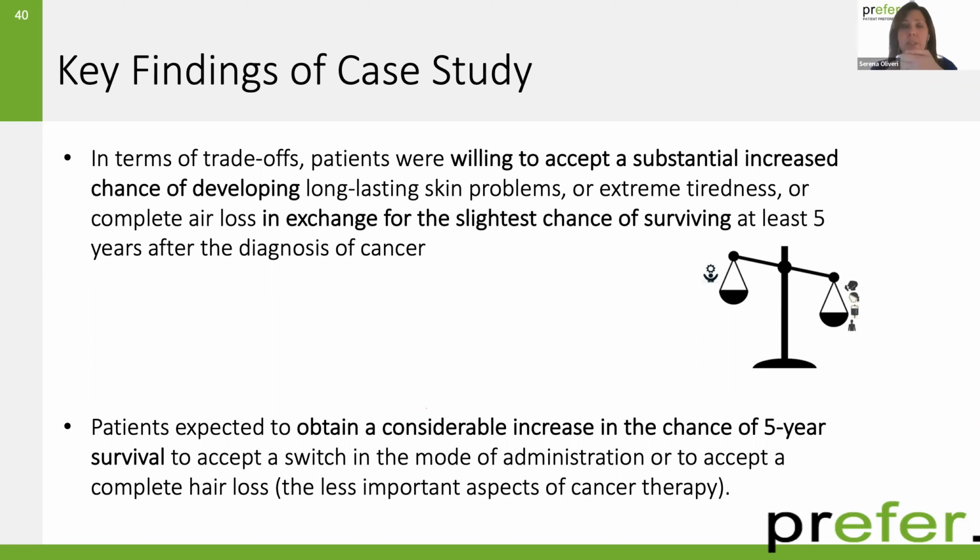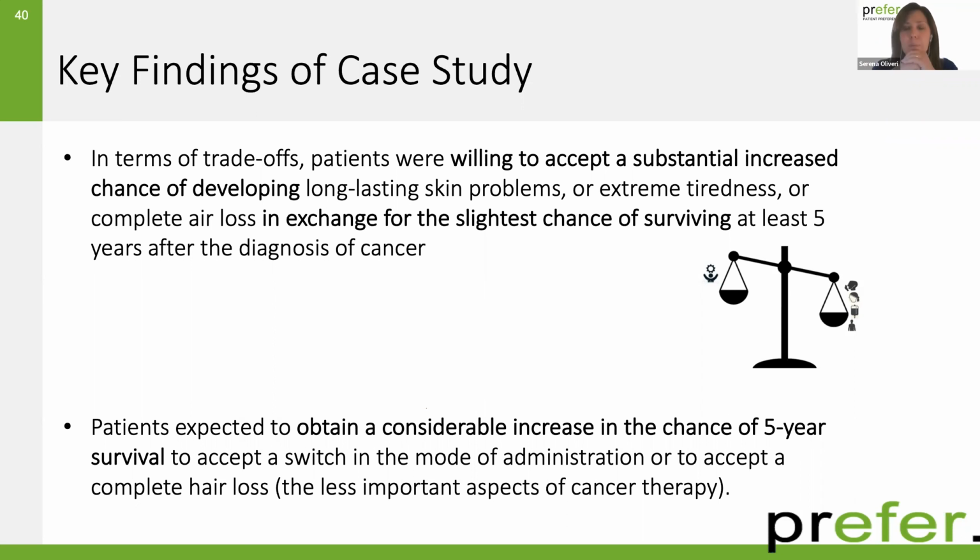About the MAB instead, the patients expected to obtain a considerable increase in the chance of survival to accept a switch from one therapy to another with worsening conditions in terms of mode of administration and hair loss. But in our study, we found that these were the least important aspects for them.